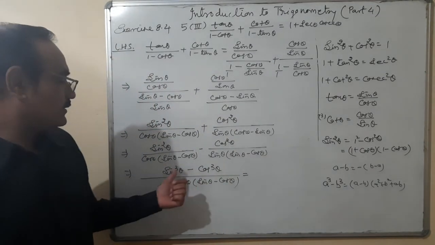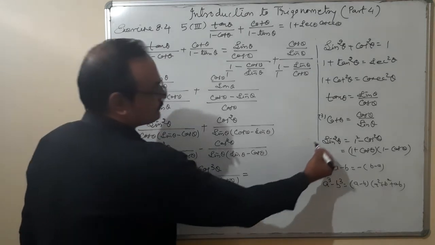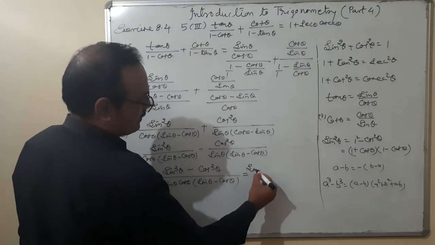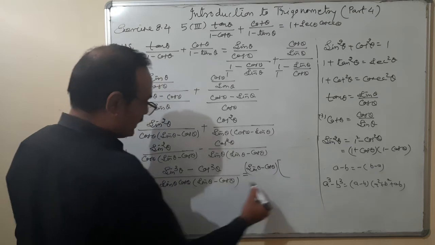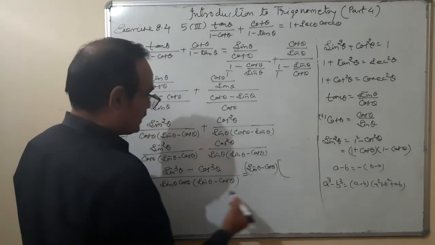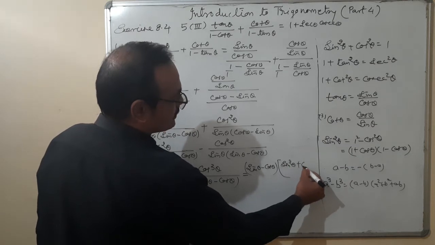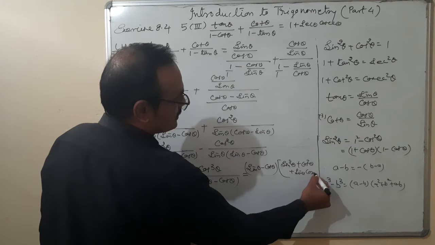I am converting this a cube minus b cube into the factored form: a minus b, sin theta minus cos theta, a square plus b square plus ab, sin square theta plus cos square theta plus sin theta cos theta.